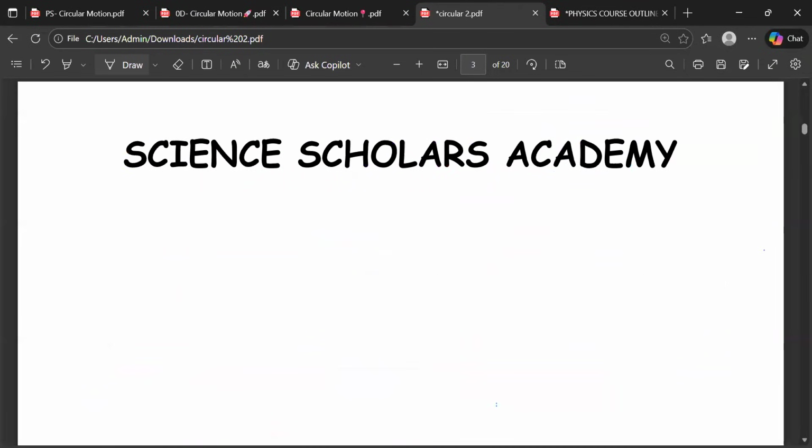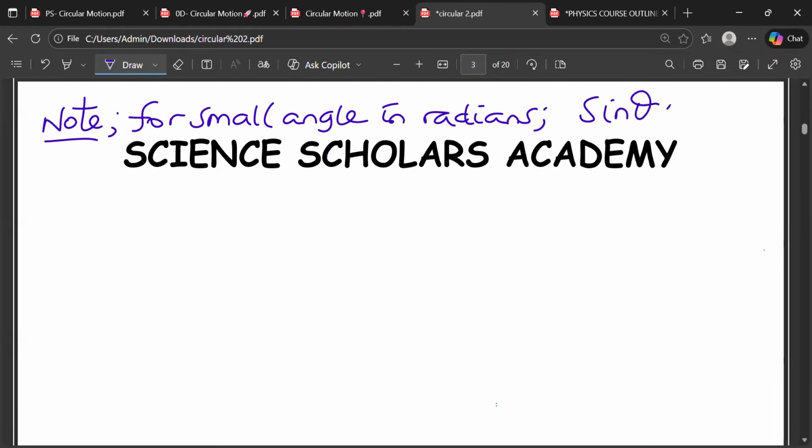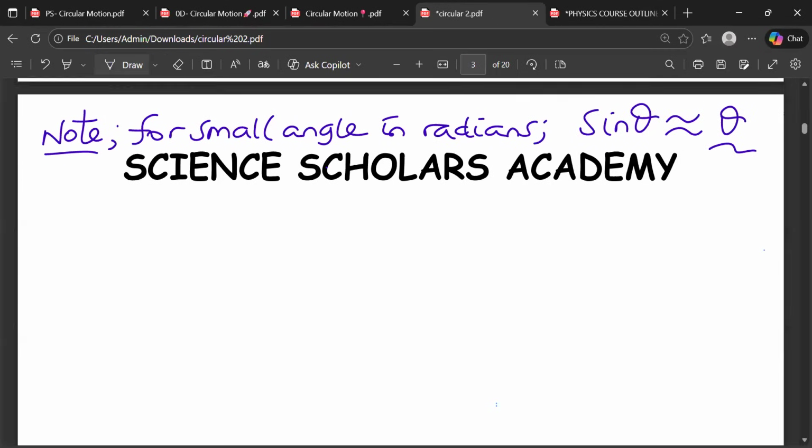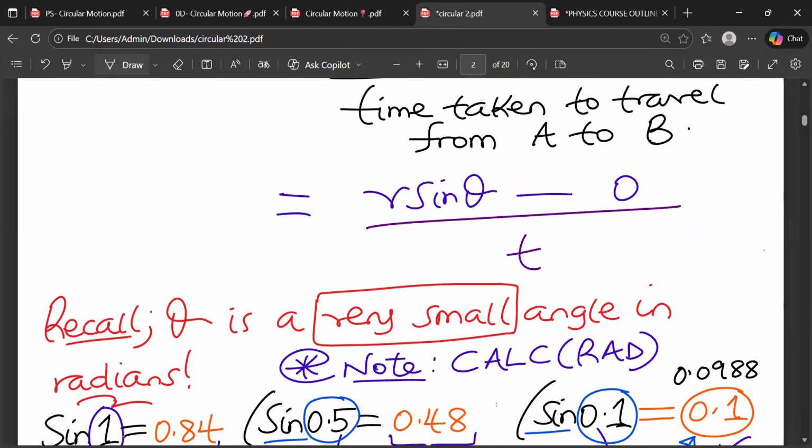Okay. So I've told you to note that for small angles in radians, never forget that, sine theta will always approximate to theta. But I don't know whether people recall where we are. We are at a point of v sine theta minus 0 over t.